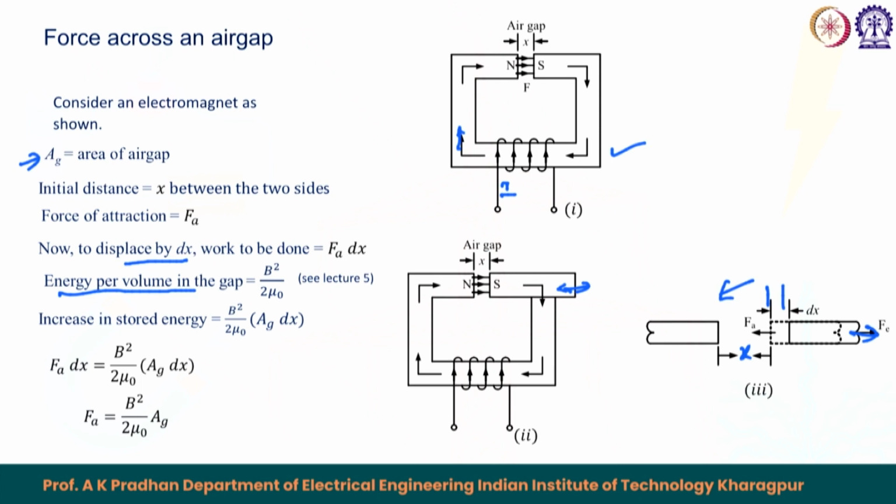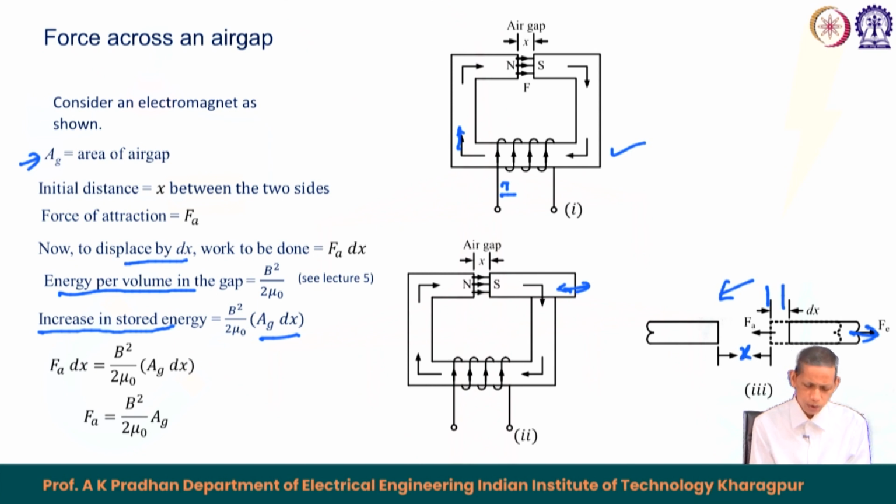So, the increase in the stored energy by this additional displacement of dx becomes B square by 2 mu naught into A g into dx, where A g is the air gap area.